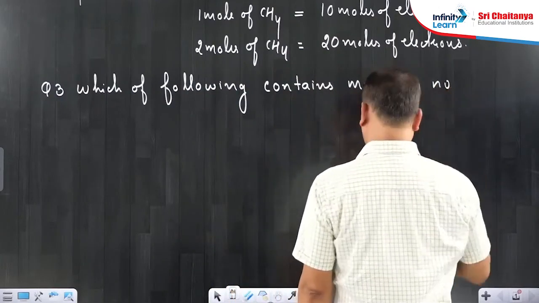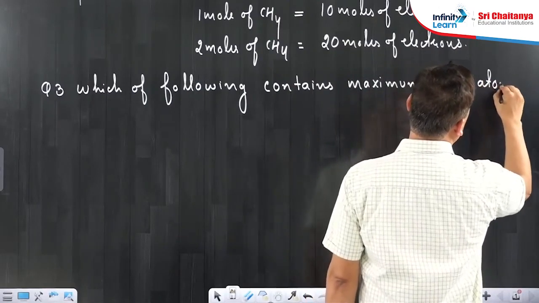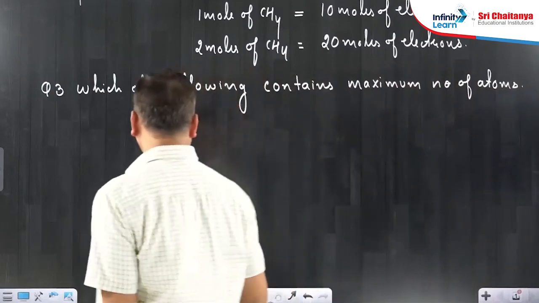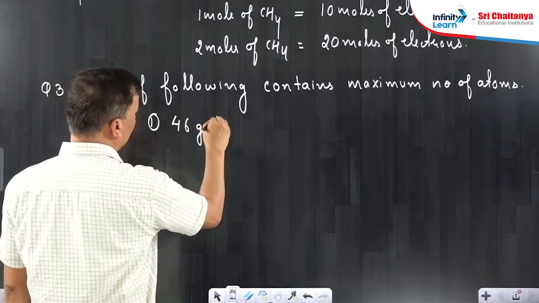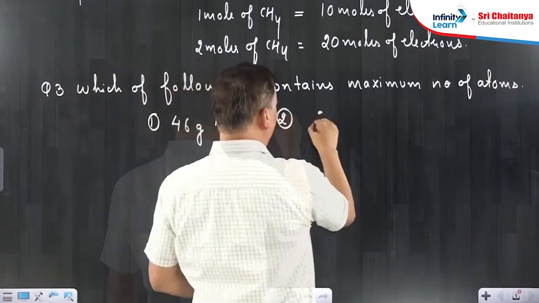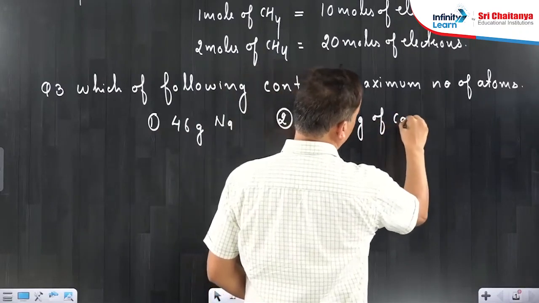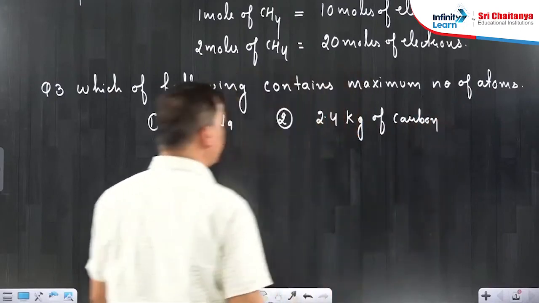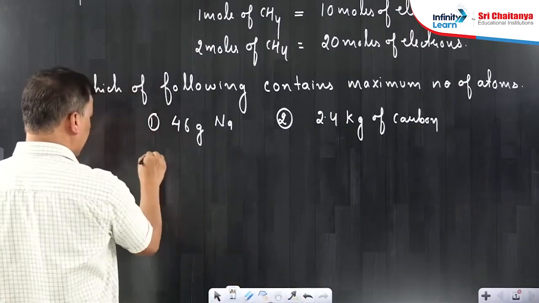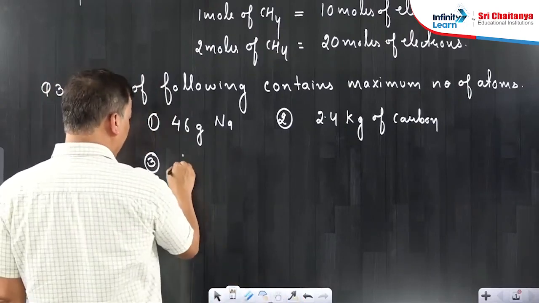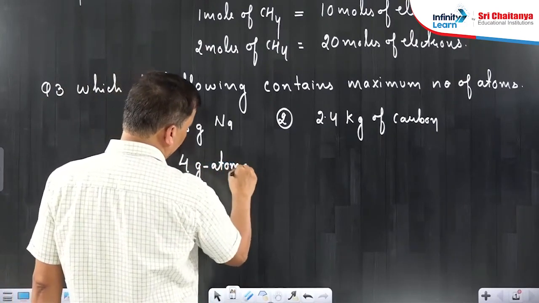Dear student, number 1 is 46 gram of sodium. Number 2 is 2.4 kilogram of carbon. Then number 3 is 4 gram atoms of silver.